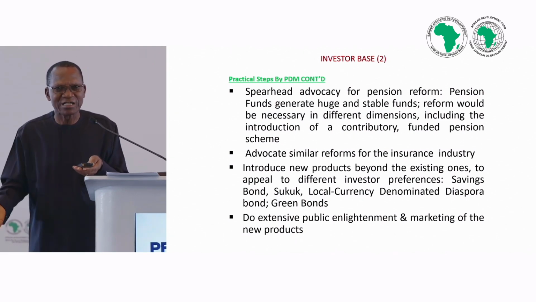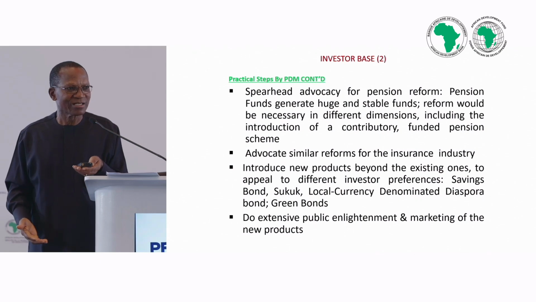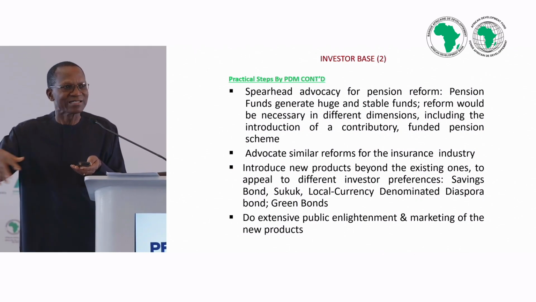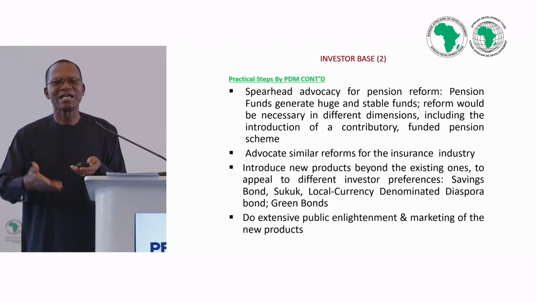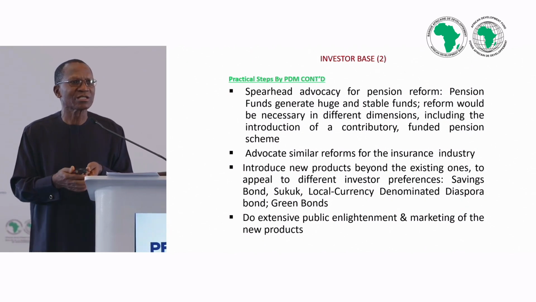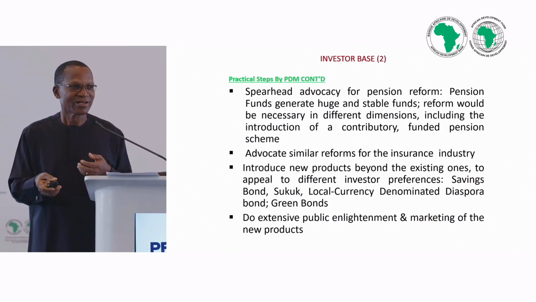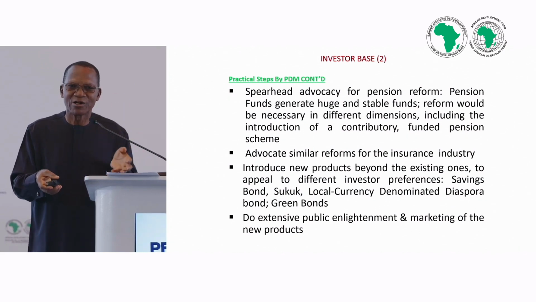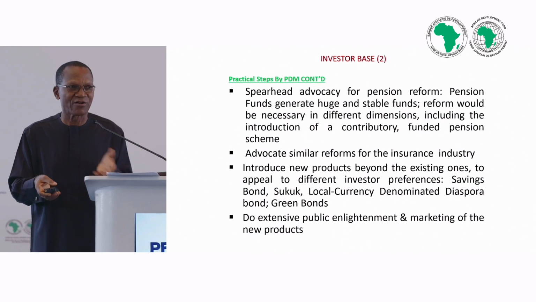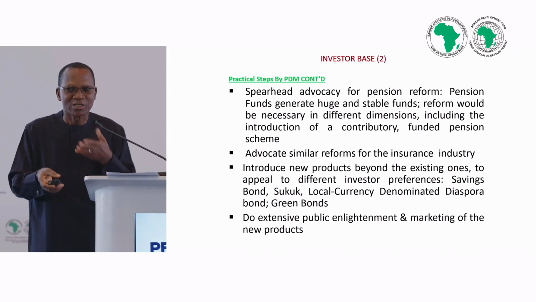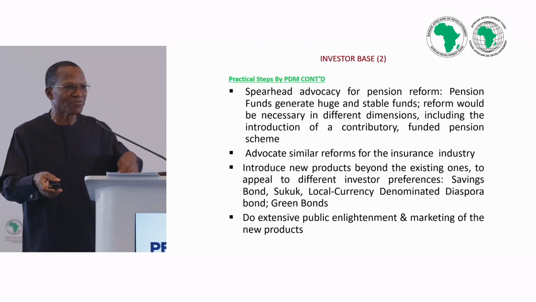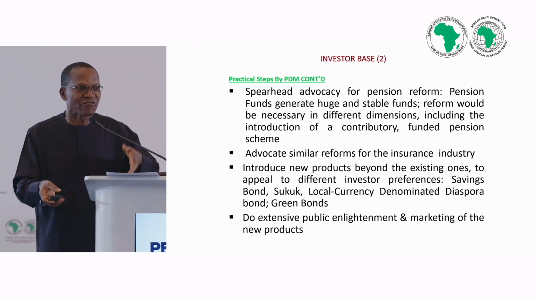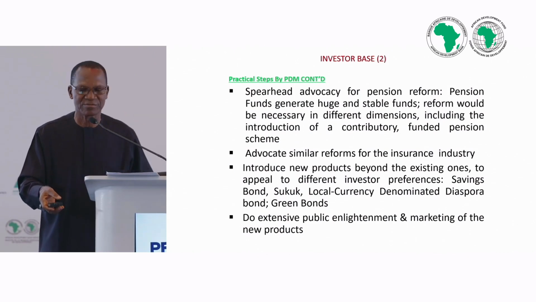Maybe this is not affordable to the ordinary people on the street, but they should be part of it. So how do you aggregate, how do you collect their funds? You think in terms of introducing a savings bond that, instead of requiring them to bring 5 million, requires them to bring 5,000 of your currency, so that it appeals to the retail level of investors. That could be a government sovereign savings bond.